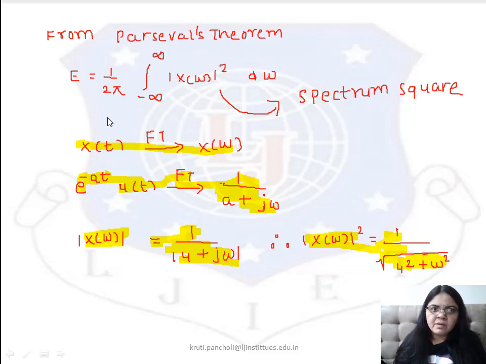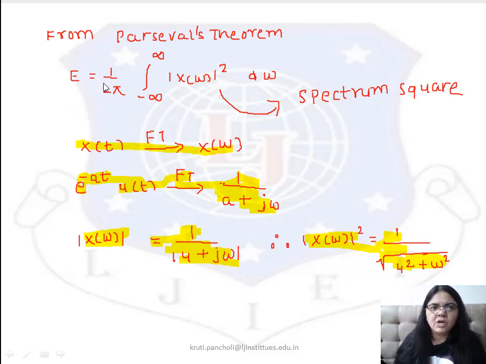But sometimes the time domain representation of the signal is very complex. Then it is mandatory to convert the time domain signal into the frequency domain. So whenever it is in the frequency domain, again using Parseval's theorem, we can find out the energy of the signal.